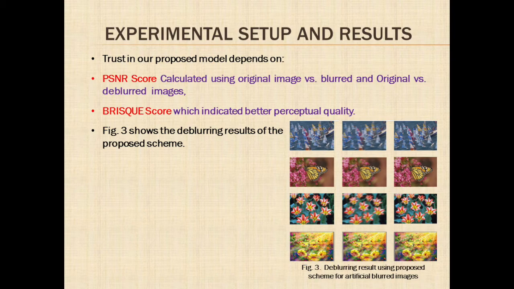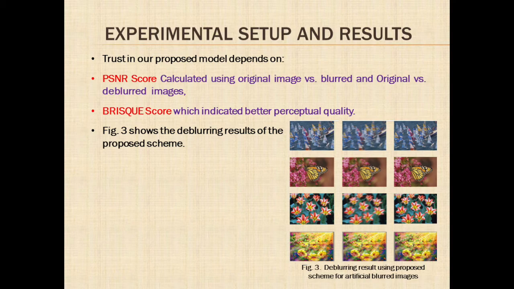An experimental evaluation of the proposed scheme on various degraded images using both artificial blurred and real blurred images was performed. Figure 3 shows the deblurring results using the proposed scheme. Column A shows the original images from the Waterloo Exploration dataset, and column B shows the blurred images, while the third column represents the deblurred images using the proposed scheme.